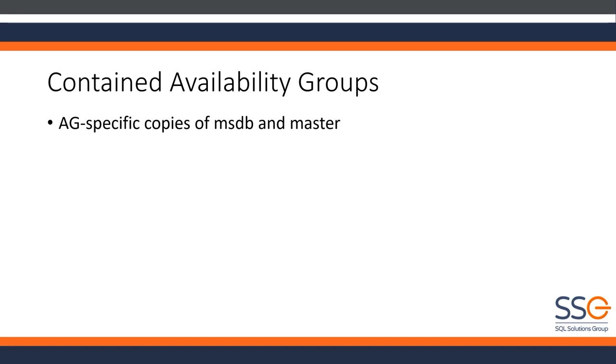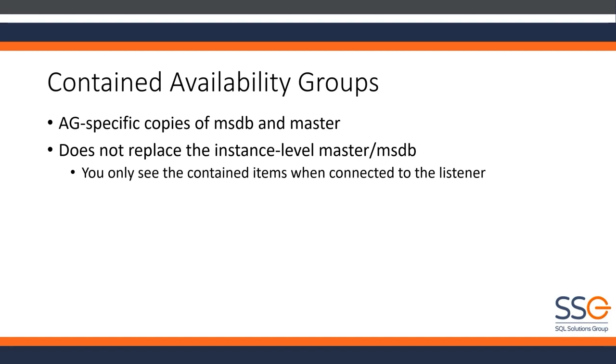So jobs, operators, and anything in SQL Agent that's inside the contained AG will exist in the AG's version of MSDB. Any logins, credentials, linked servers, things like that that would normally be in master will be in the AG's version of master. And we're going to look at this if that's confusing. The key point to remember is that this does not replace the instance level master and MSDB.